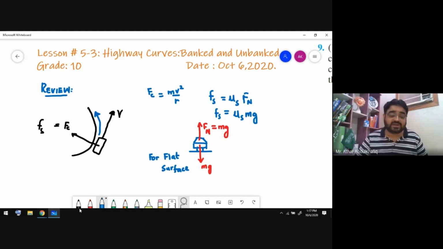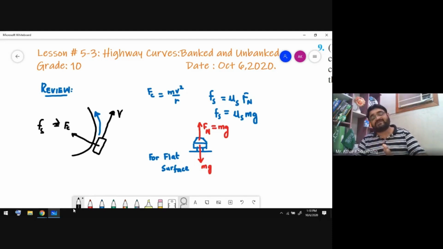Now what was the condition for a car to take a turn? It was that Fs should be equal to or greater than Fc. Last time we did an example that if centripetal force is required at 4,500 newtons, then if Fs is more than 4,500, it will take a turn. If it is less, it will skid off.